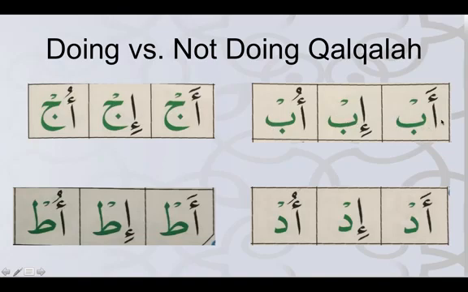the difference. Correctly first. Hamza fatha ba sukun, ab. Hamza kasra ba sukun, ib. Ab, ib. Hamza dhamma ba sukun, ub. Ab, ib, ub.